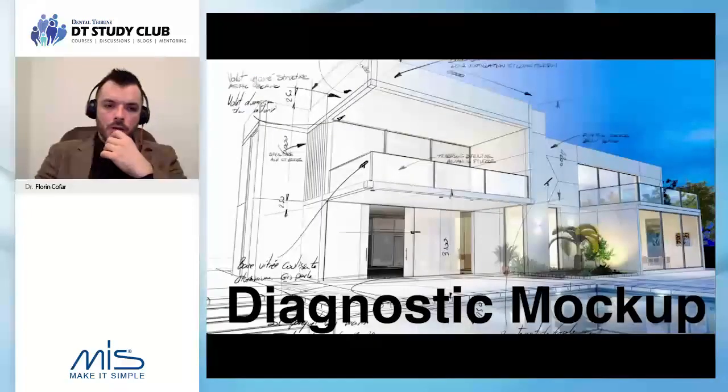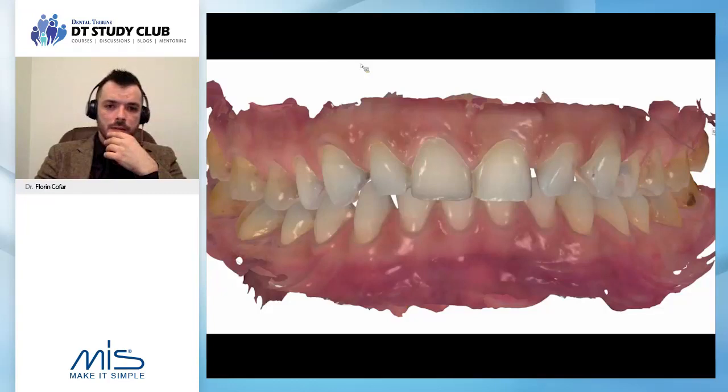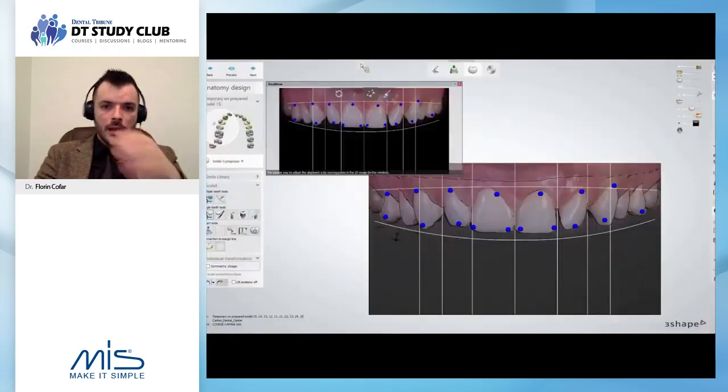In this case, what we're going to do first is a diagnostic mock-up, which is like that project of architecture that you do before you make the house. It's showing the house before it is built. So we have the intraoral scan of the patient, and we have the photo and video, and then we can align the two.